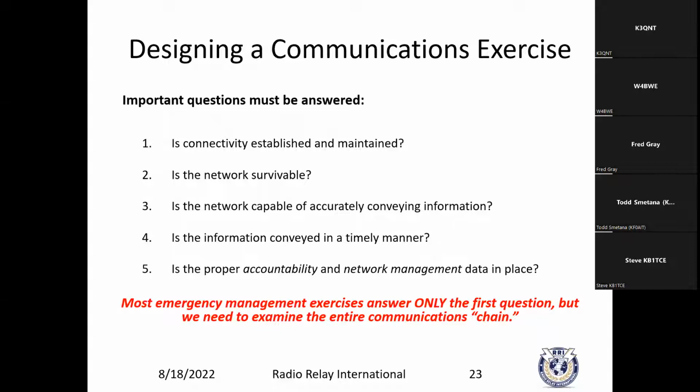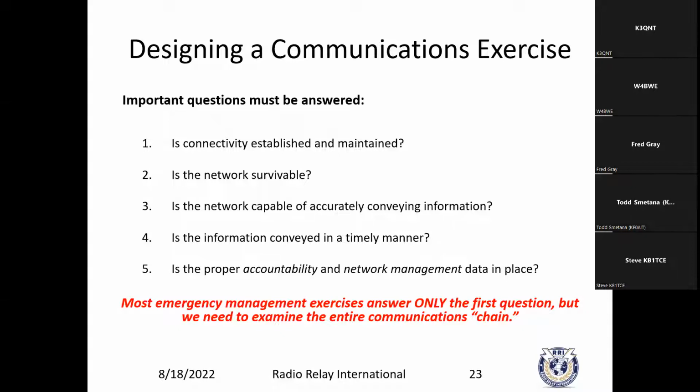Okay. And the other thing we wanted to ask, is the network capable of accurately conveying information? Okay, in other words, if I stick a message in Washington State or Oregon, does it come out the same way at the other end of the pipeline in the data stream at the National Response Coordination Center? Okay, because again, what's really important is the message itself.